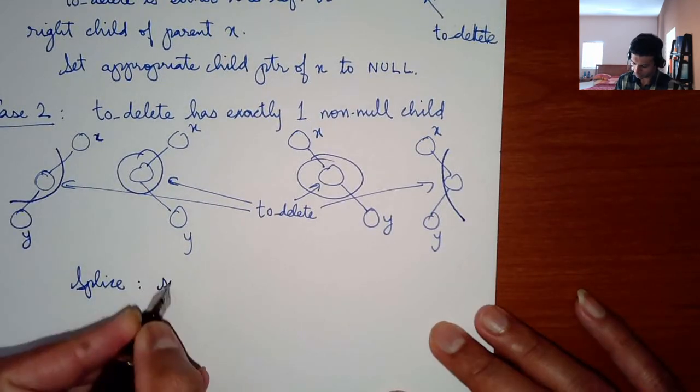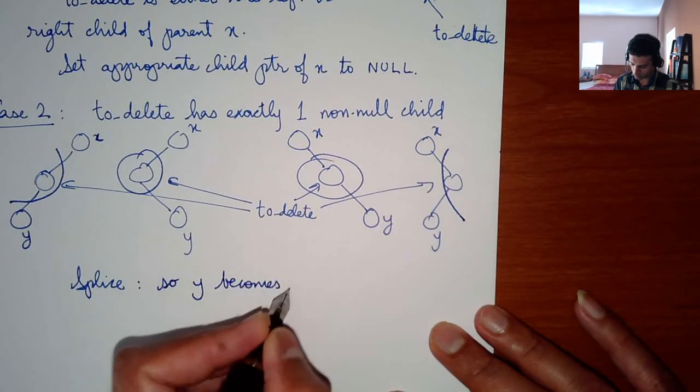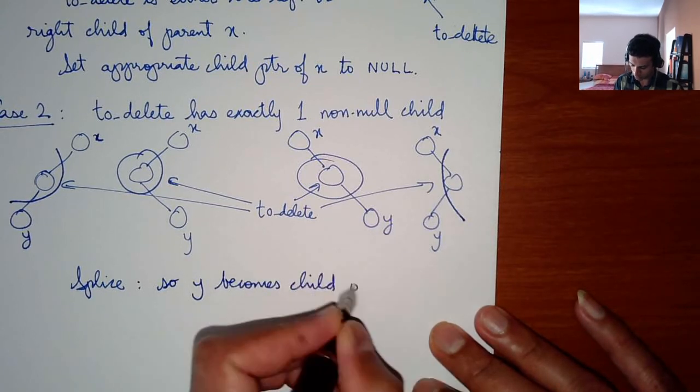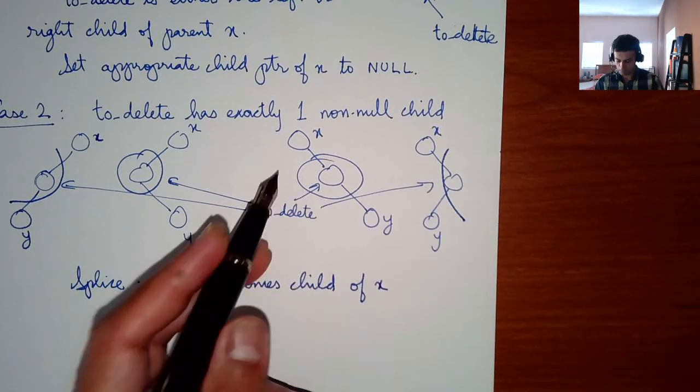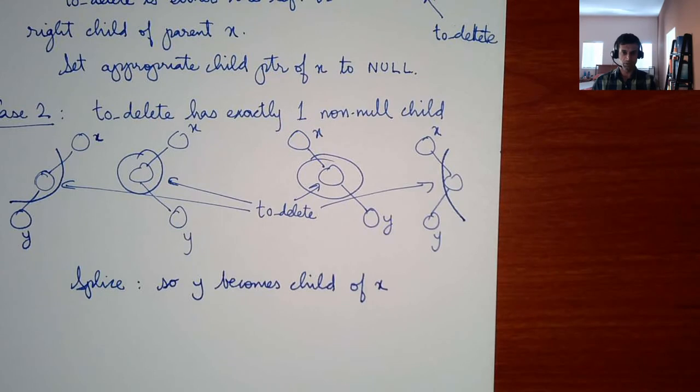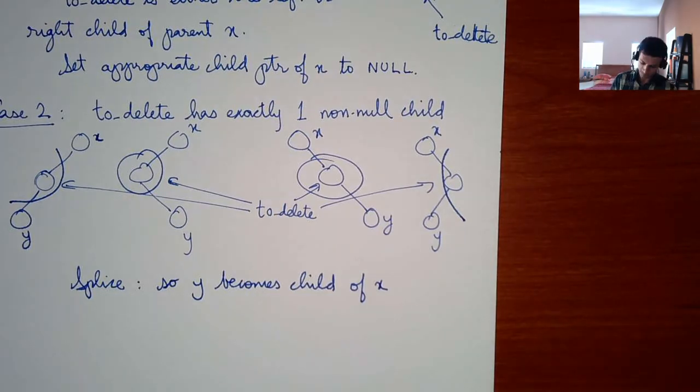Splice, so Y becomes child of X. And of course, you need to set the child pointers of toDelete to be null to prevent memory leaks. But I'm not going to write those conditions out here.